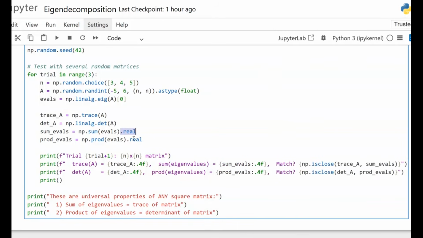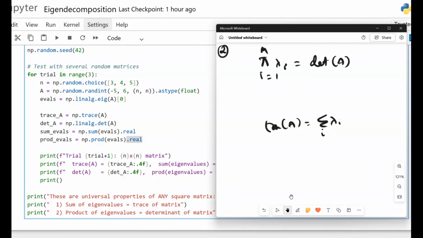Here we are having it real, that is complex eigenvalues occur in conjugate pairs. For an example, a plus bi plus a minus bi, which is equal to 2a. And here the imaginary part cancels, so the total is real.